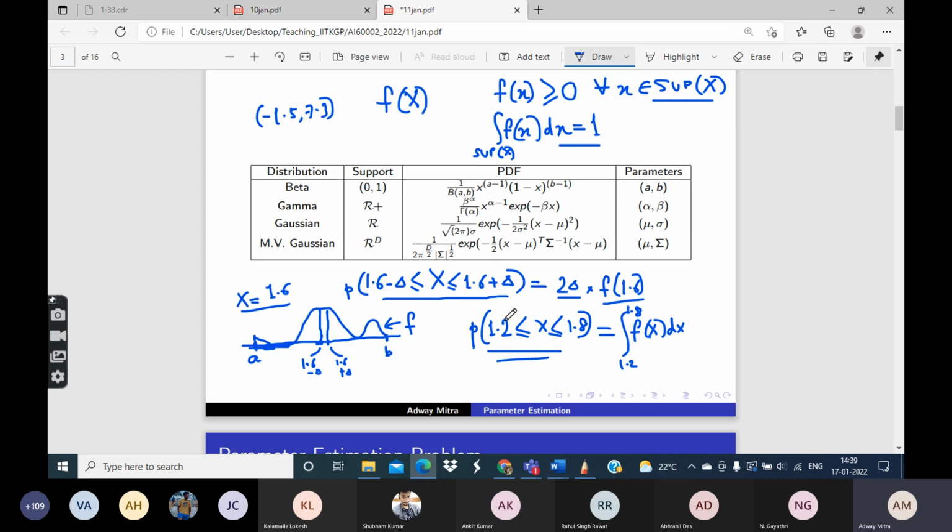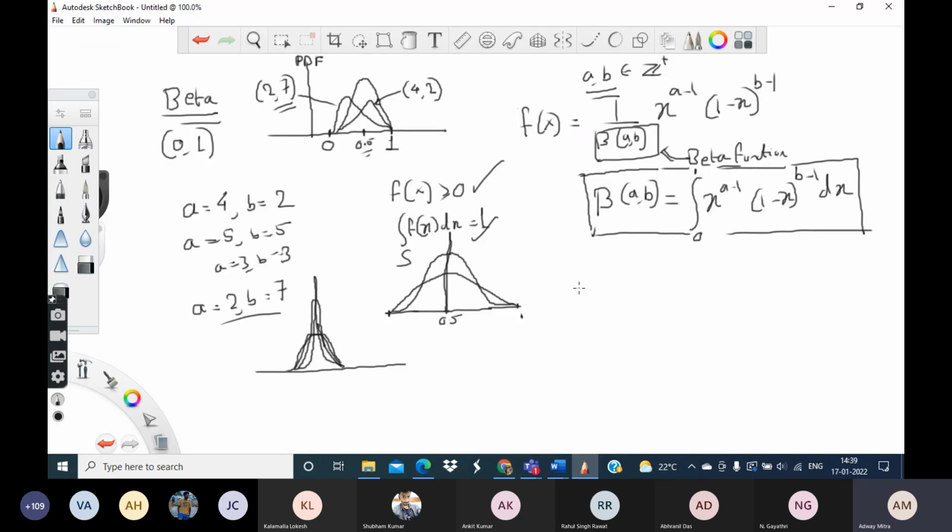If you plot the PDF of the gamma distribution, obviously for all positive values of x, the PDF will have some values, unlike beta whose PDF is limited between 0 and 1. Here for all positive values it has some PDF. So typically a gamma PDF looks somewhat like this.